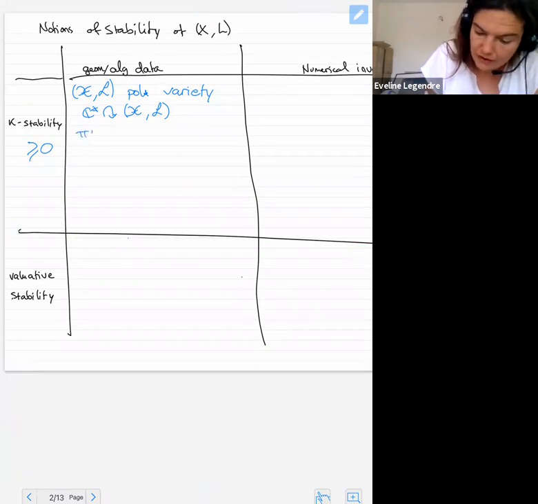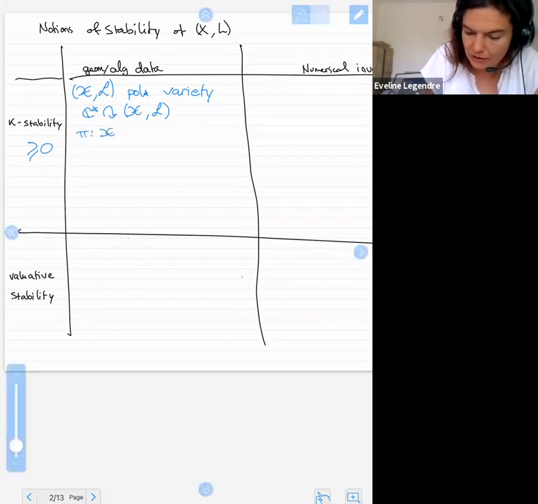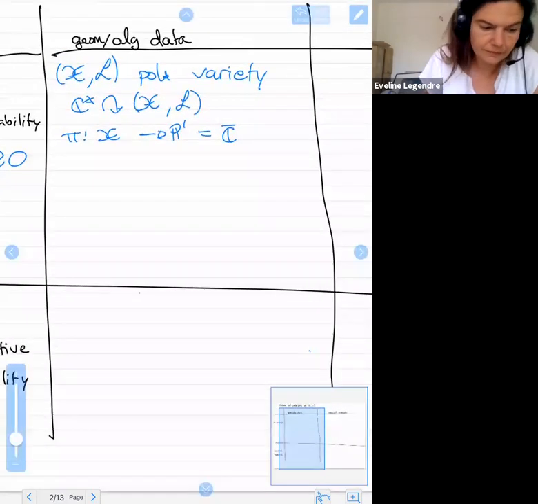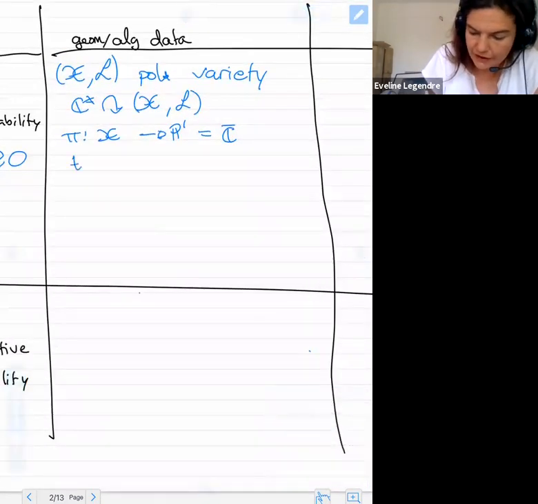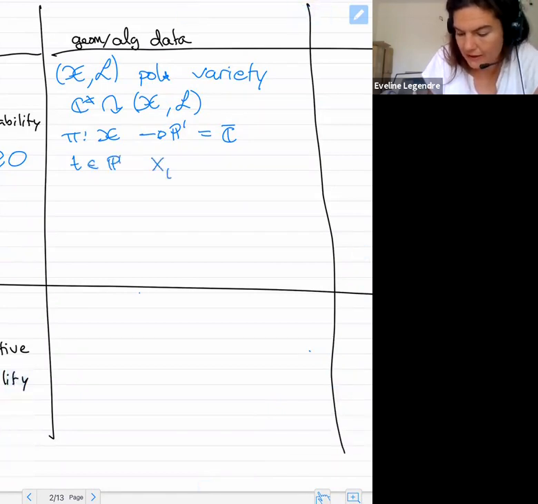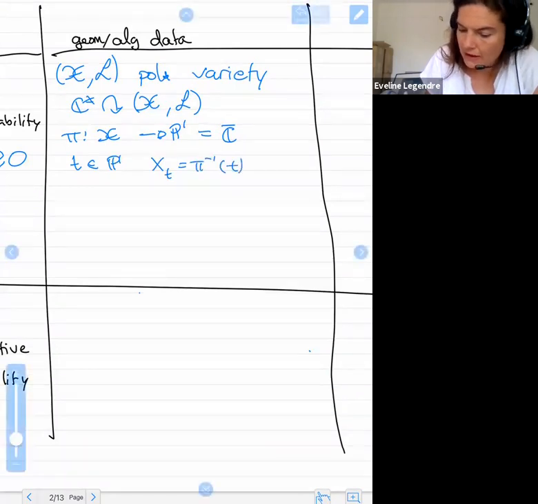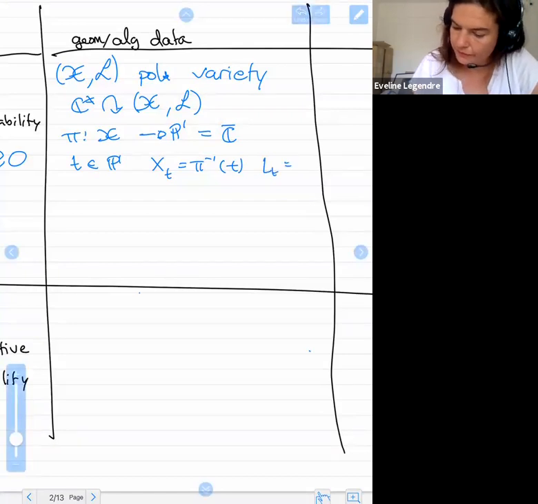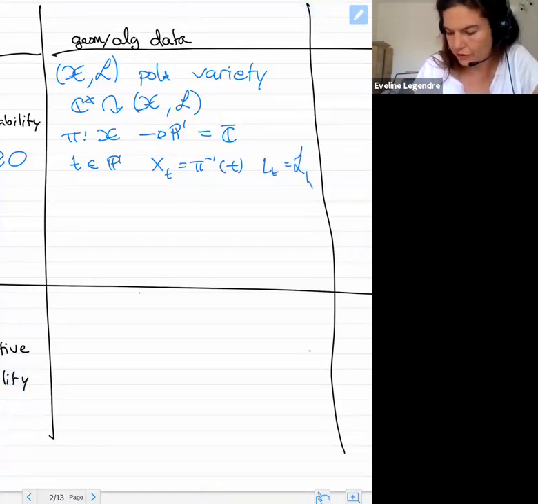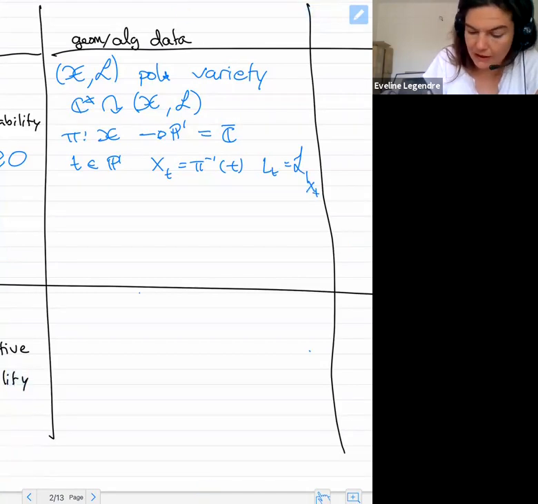There's a map from the total space, curly X, to P1, which I consider as the compactification of C. For t in P1, I denote X_t the level set of pi at t, and L_t is the restriction of the line bundle to X_t.